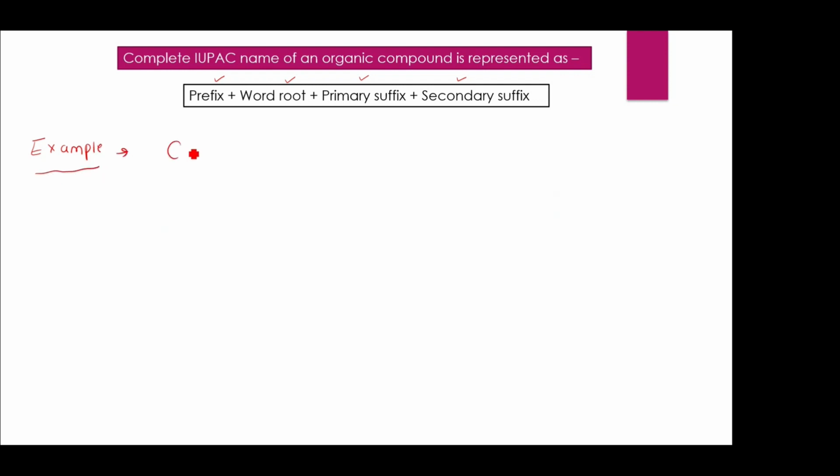CH3, CH, Cl, CH2, OH. You can write like this also, or better you write the full structural formula so that you will not make any mistake. CH3, CH, Cl, CH2, OH.